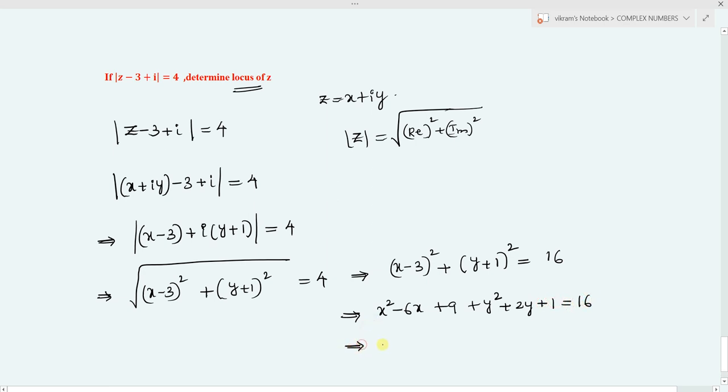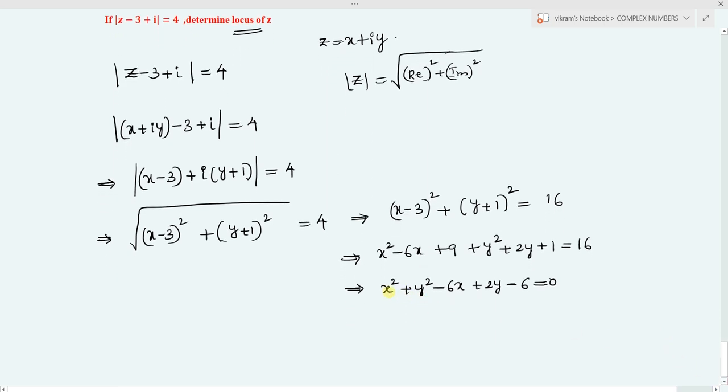Finally the required result is x square plus y square minus 6x plus 2y plus 10 minus 16, which is minus 6, equals 0. Now this is like x square plus y square plus 2gx plus 2fy plus c equals 0, which is the circle equation.